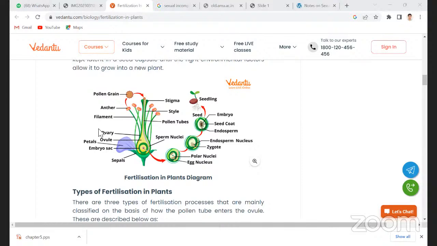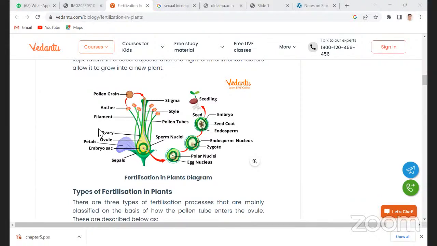For example, in the Oenothera type of embryo sac, there is only one polar nucleus, so the endosperm is diploid, 2N condition, and the Peperomia type of embryo sac has 8 polar nuclei. Hence, the endosperm is 9N. These are the endosperms. We will discuss in the next class.